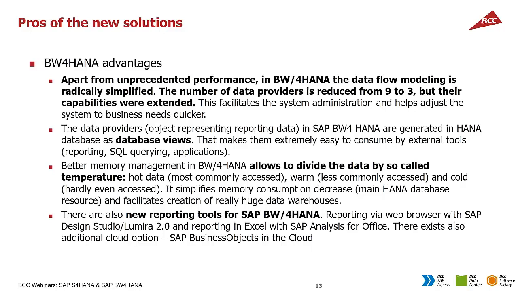Hot data has the most common access, warm is less common access, cold is hardly ever accessed. It simplifies and allows you to optimize the memory consumption, the main HANA database resource. So you can create really large data warehouses where the hot data is kept in memory, warm also but partially cached, and the cold is kept on disks.